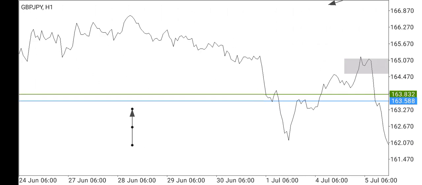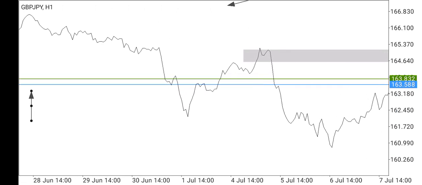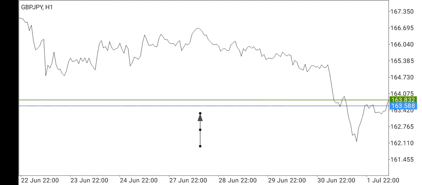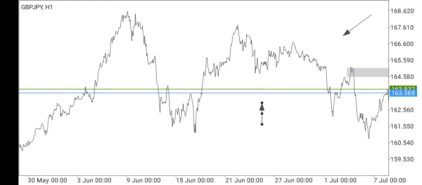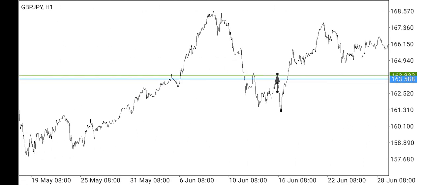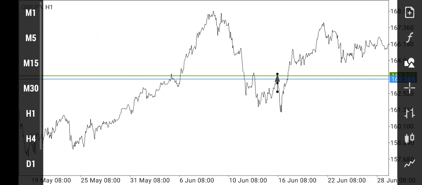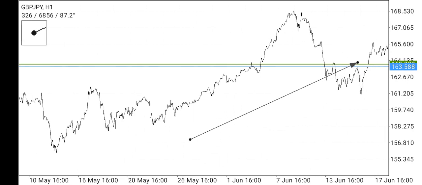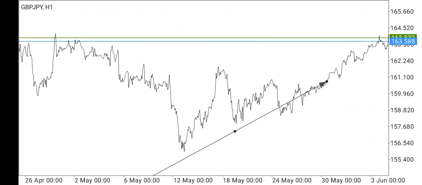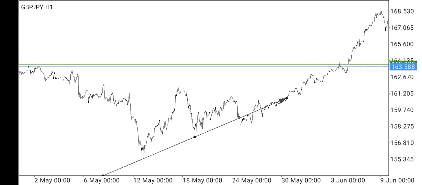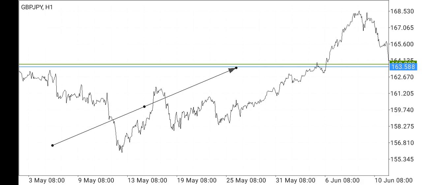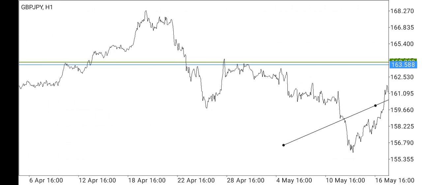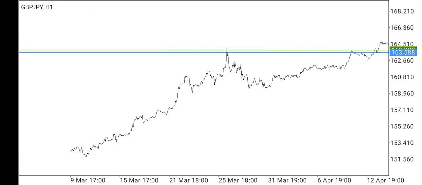Let's spot another double. These are head and shoulders. I don't normally use head and shoulders. Sometimes I do, but I'm looking for a clear W pattern for a bullish setup.